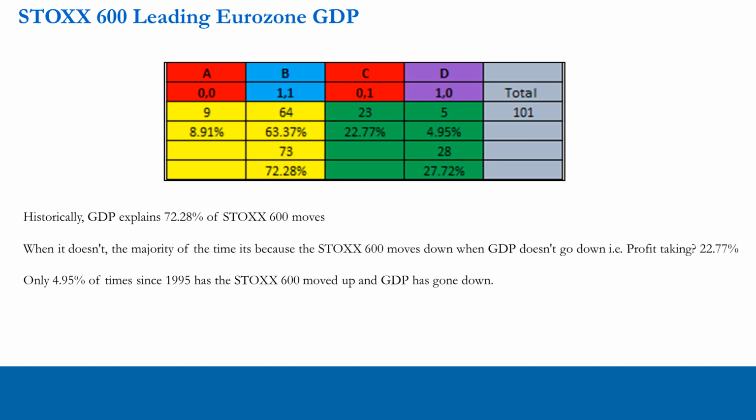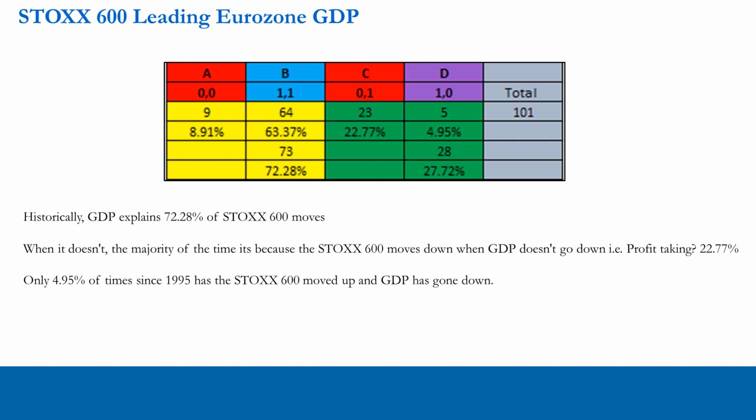Now, in the other scenario where Stoxx 600 and Eurozone GDP don't move in the same direction, this is the 1, 0 scenario, when for the quarter, the Stoxx 600 goes up and GDP is reported down. This is in the vast minority of cases.